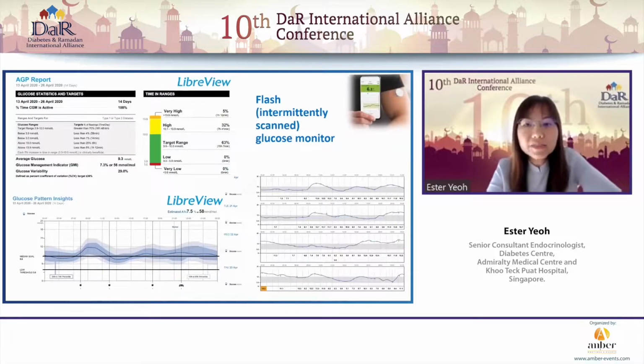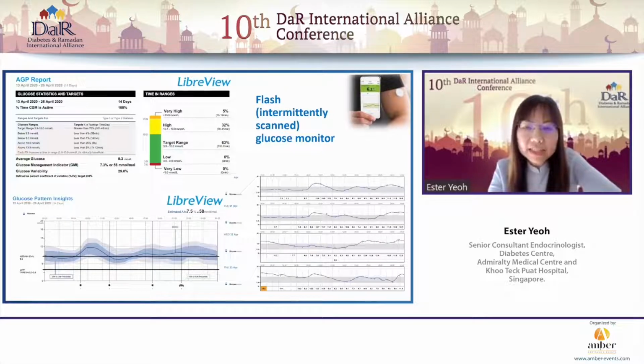This is the flash or intermittently scanned glucose monitor with which we are familiar. Here, the user will have the sensor, usually over the upper arm, and then use a reader or a phone app in order to scan the sensor and have the reading.